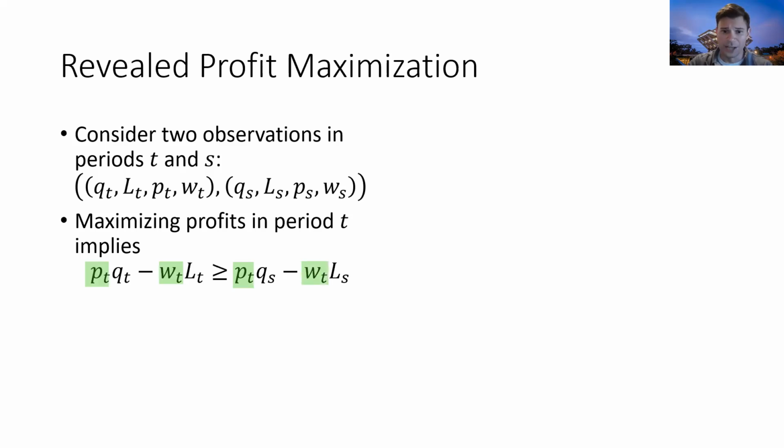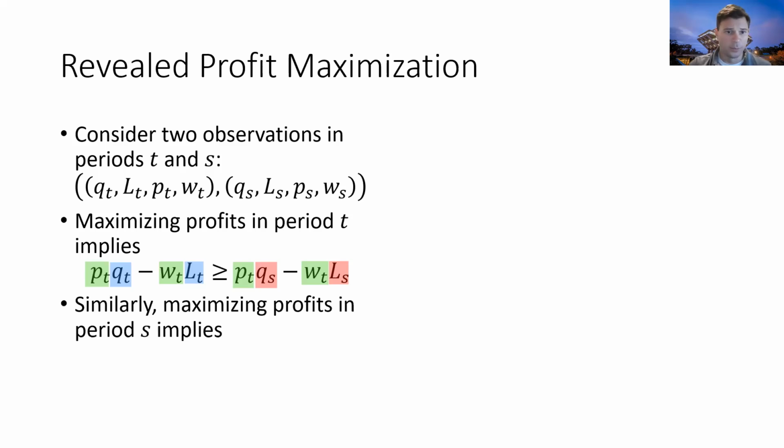What was the optimal thing to do? Well, we were doing the optimal thing in period T. We're assuming the firms are profit maximizers. So if we do anything differently, if my Q is different than the one I chose in period T and my L is different than the one I chose in period T, then that cannot be optimal. Maybe it could be equally as optimal, but it certainly cannot make my profits go up relative to what I was making.